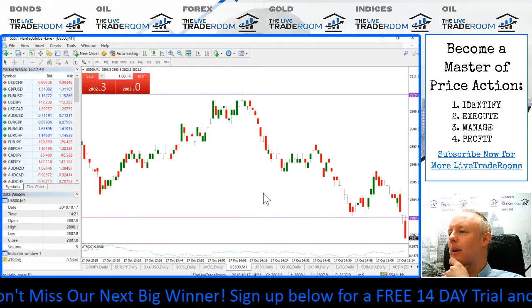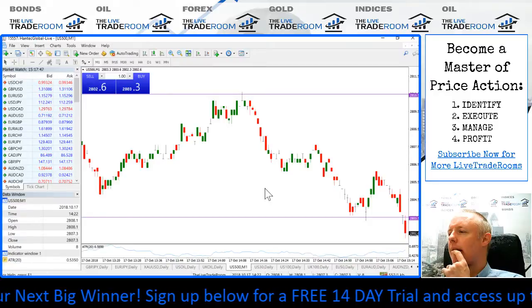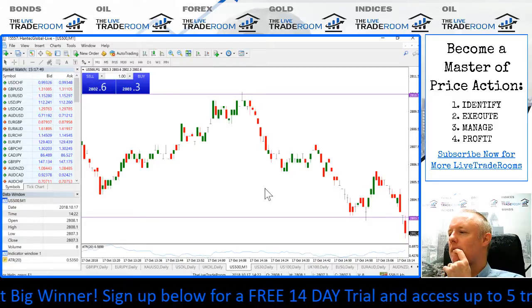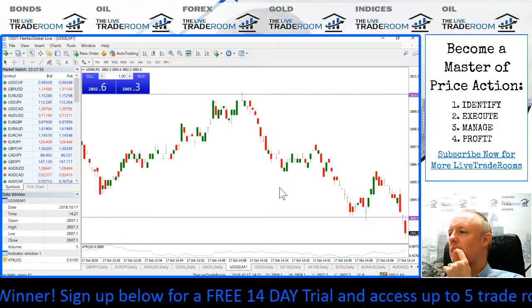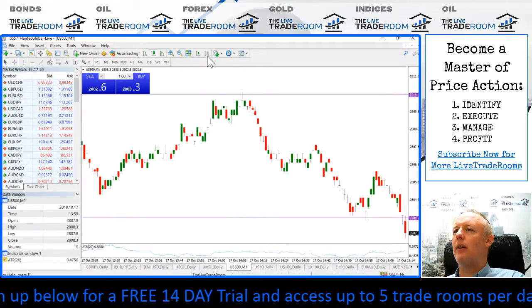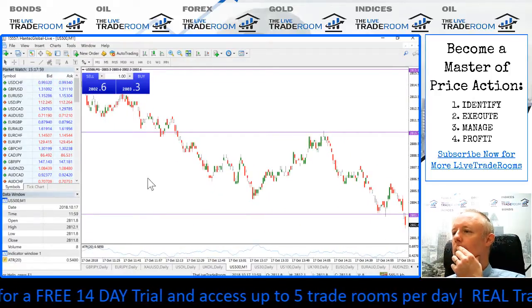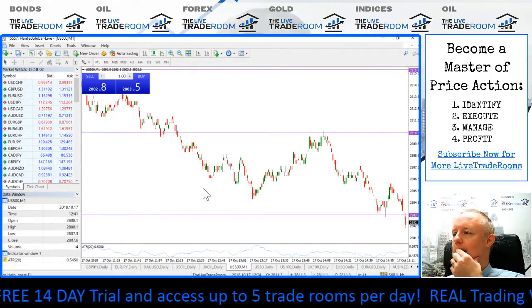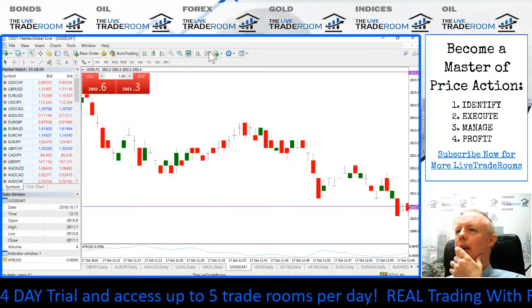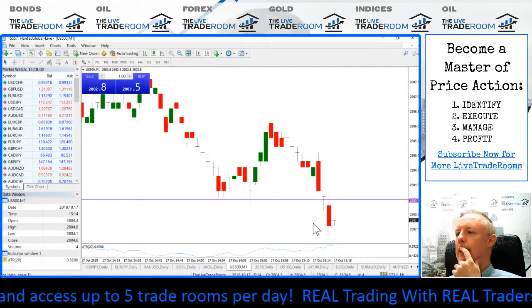We can maybe look to get in with a small trade. So let's see if we get the close and continuation. So there's our close in the S&P 500, and let's see if we get some continuation to the downside.